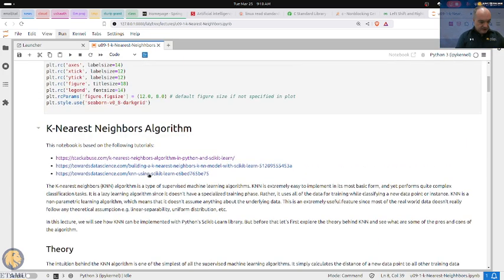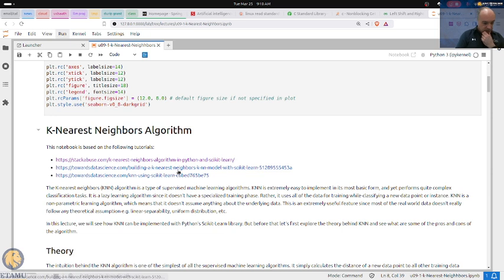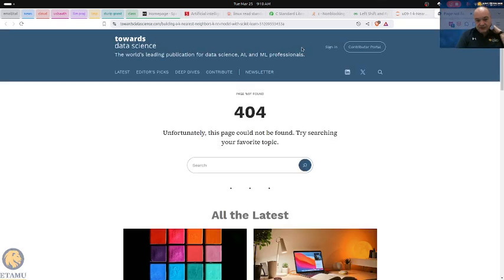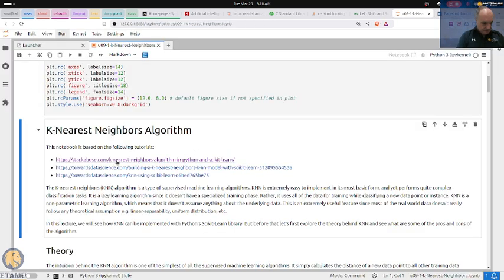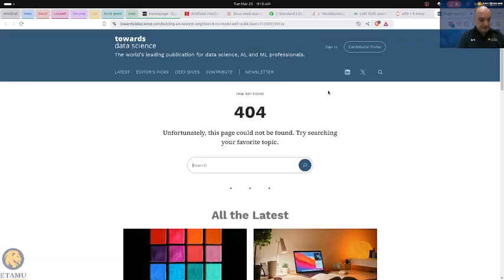For those interested, I'll try and fix those links there. They probably just got moved. But if you just search for building a K nearest neighbor, hopefully it's still out there somewhere.